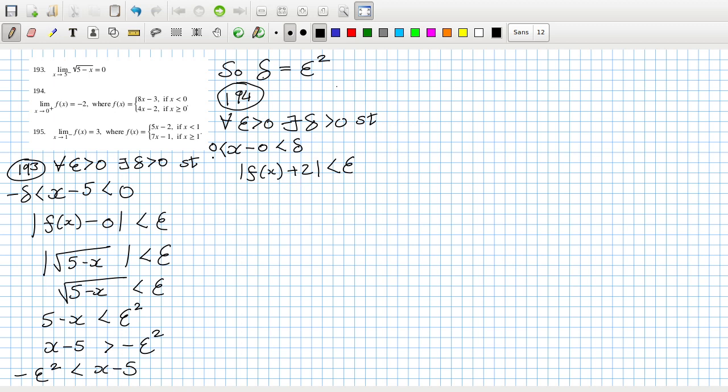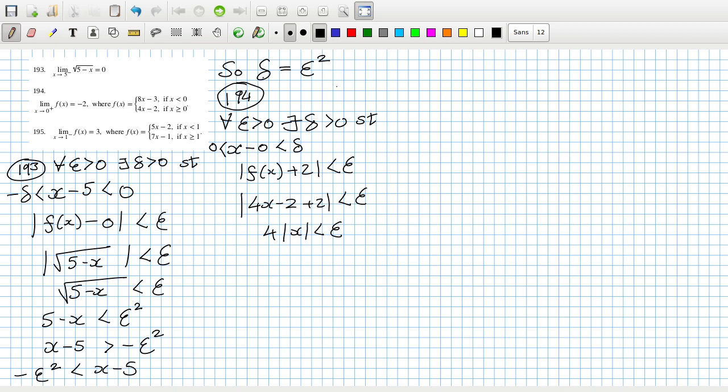So x is positive. So it has to be for x minus 2 plus 2 less than epsilon. So for x less than epsilon, but we know x is positive.